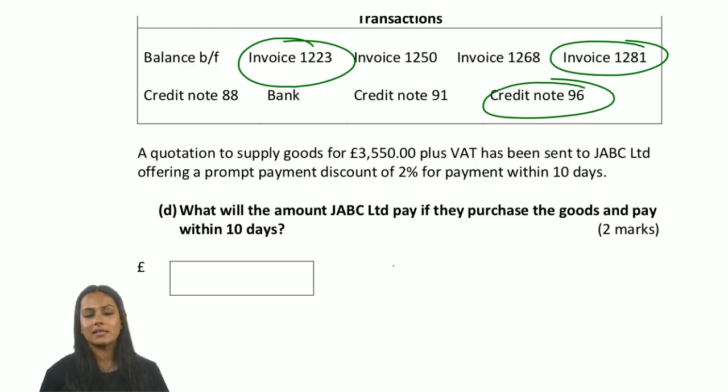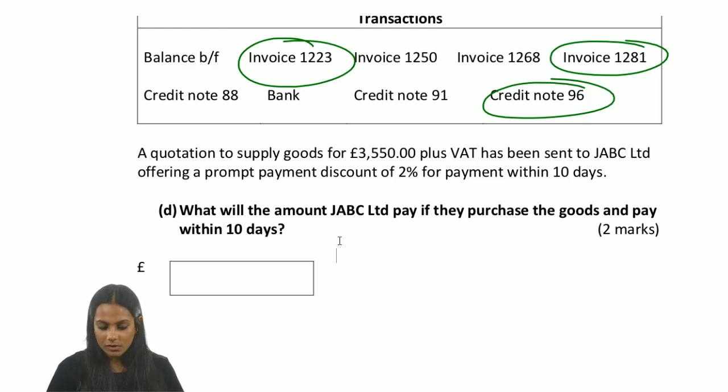If the customer pays us some money, they'll pay the net amount plus the VAT, but minus any prompt payment discounts. This is the knowledge that you've gained in your studies, and now the examiner's asking you to apply the knowledge so they can test whether or not you've understood it. So if the goods cost 3550, I will add VAT onto this.